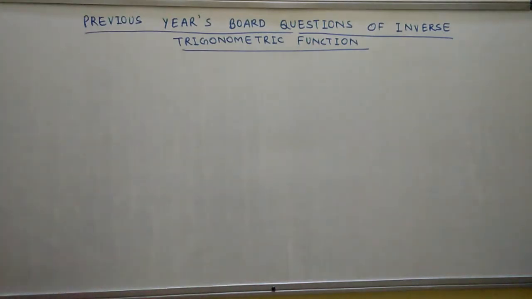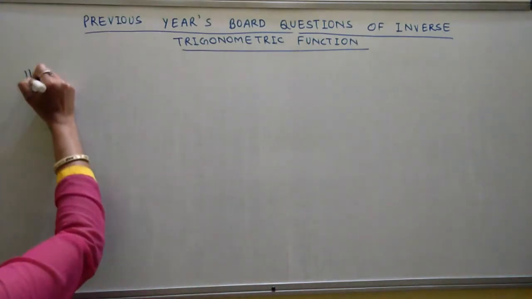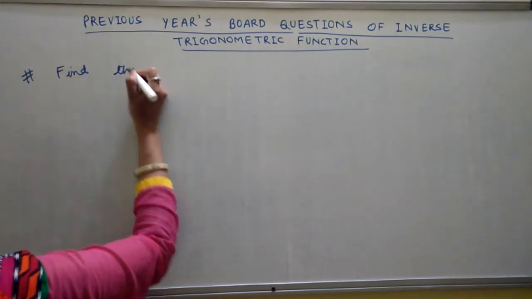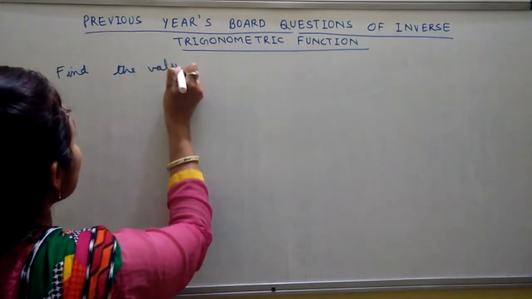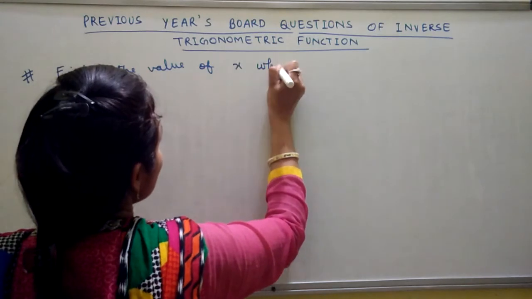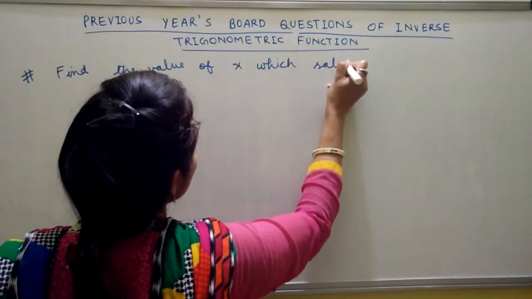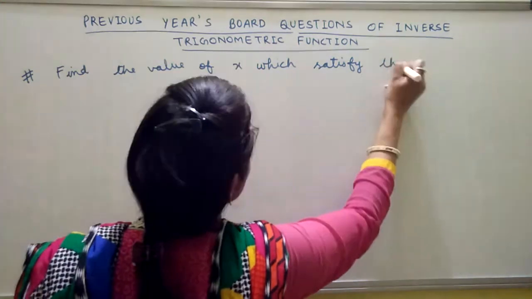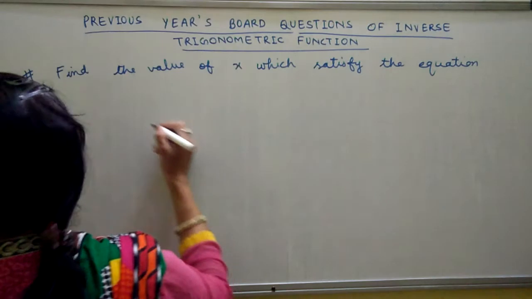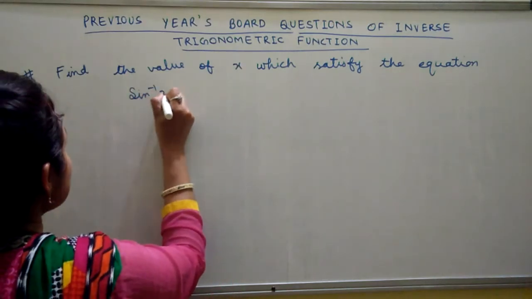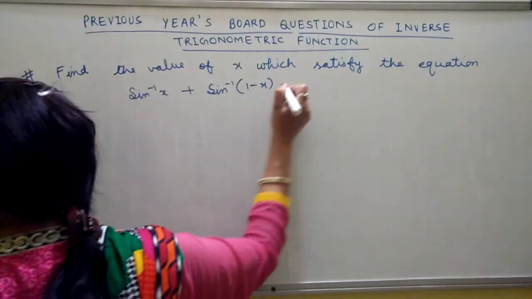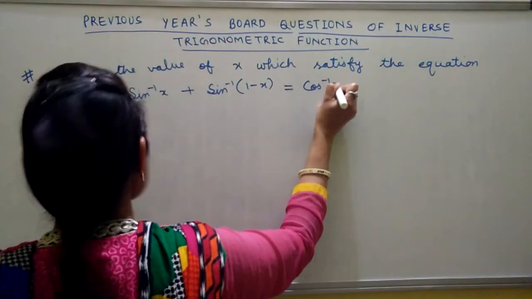Question is find the value of x which satisfies the equation: sine inverse x plus sine inverse (1 minus x) is equal to cos inverse x.